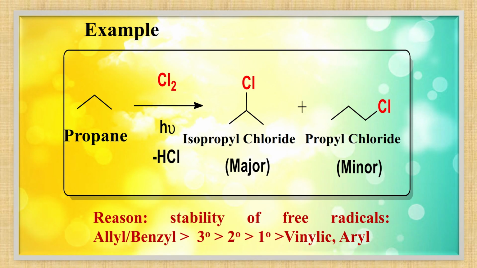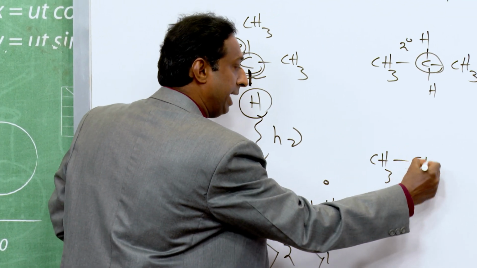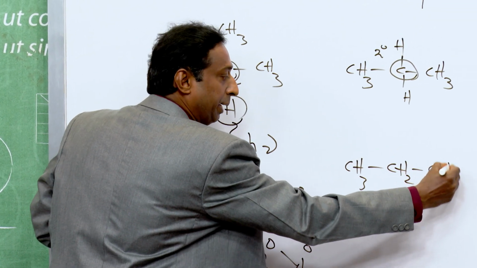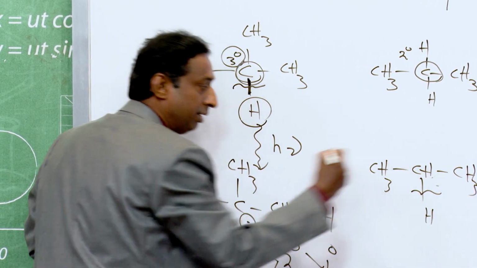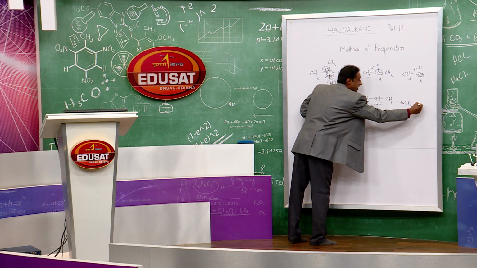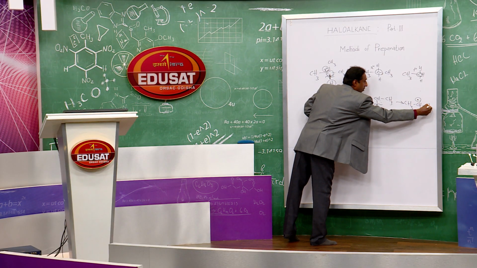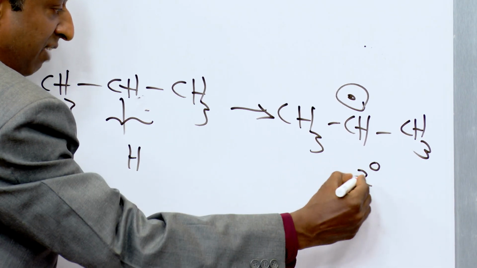Why is this so? I have just told you. If you look at the screen, I can also explain this one. This is the case, CH3, CH2, CH3. If you replace this hydrogen, you get CH3, single bond CH dot and single bond CH3. This one is the secondary free radical.